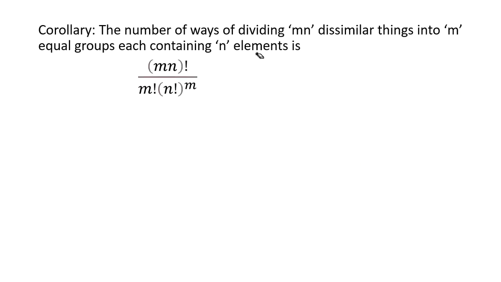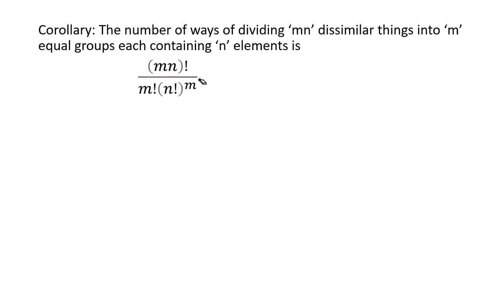The number of ways of dividing mn distinct things into m groups, each containing n elements, is going to be mn factorial upon m factorial times n factorial raised to m. I repeat, the number of ways of dividing mn distinct things into m groups, each containing n elements, is going to be mn factorial upon m factorial times n factorial raised to m.